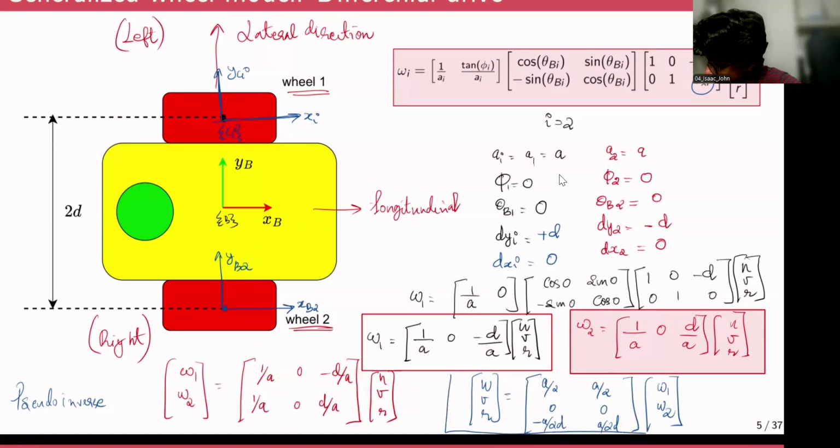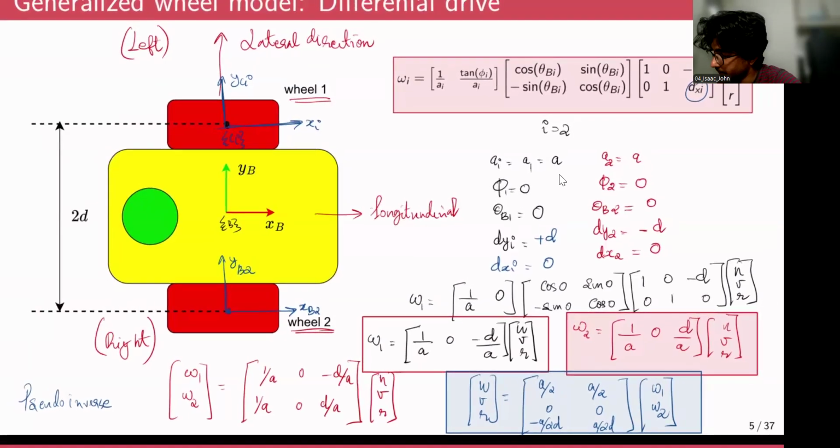So if I highlight this over here, this is actually a mapping between omega 1 and omega 2, the wheel angular velocities, to UVR, the velocity coordinates in the body fixed frame of reference. And we call this matrix the wheel configuration matrix of a differential drive robot.